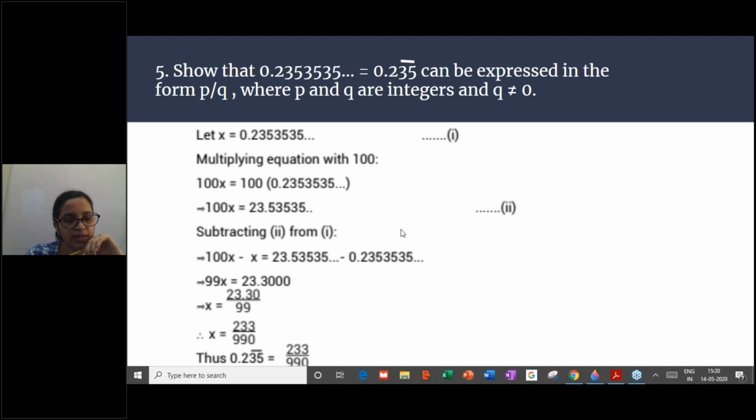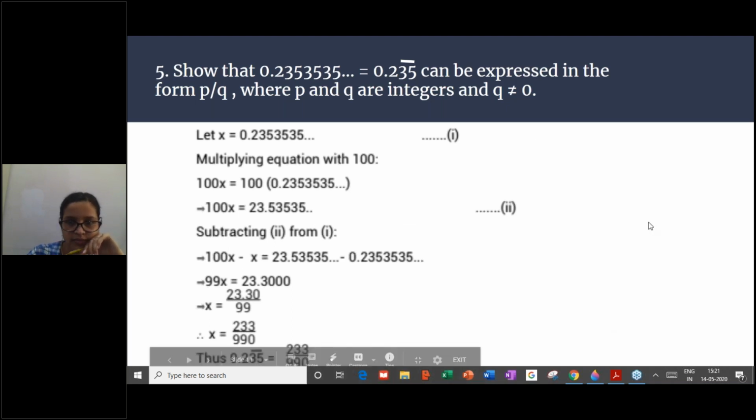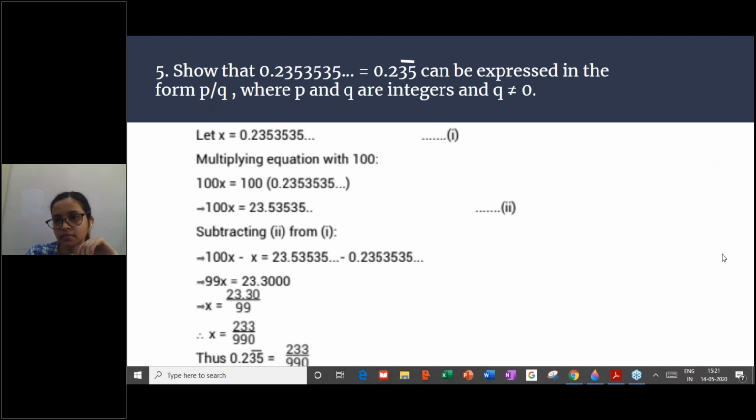I've displayed the solution on the board. I hope you get it. Seven by 30, no. Atharva. Aditya Mundra, yes. Shakti, no. Here, yes, Abhishek, the answer is here on the board. Yes, Divya, your answer is right. 233 by 990. Yes.